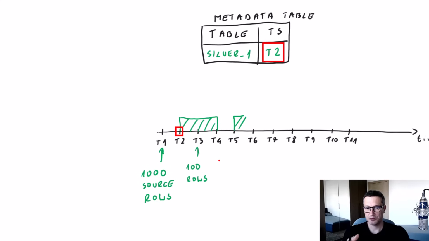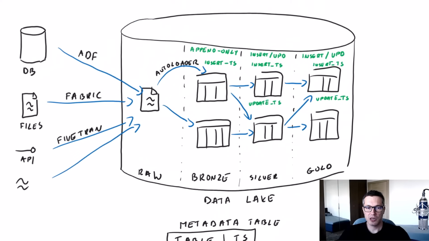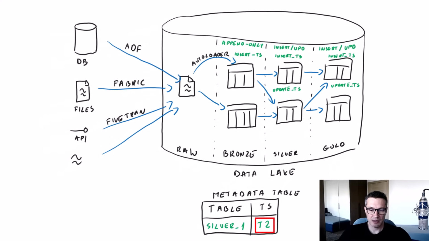Alright, but how to retrieve this data? Well, simple. That's why we have those various timestamps in our data. We simply have to compare this timestamp with this insert timestamp here, and read from the bronze table only those rows that have an insert timestamp newer than the value recorded in the metadata table.